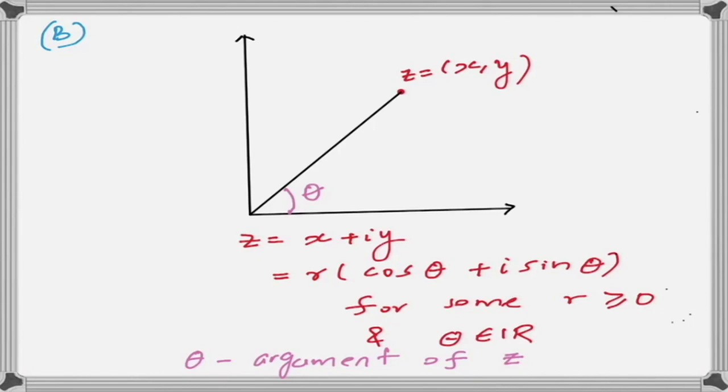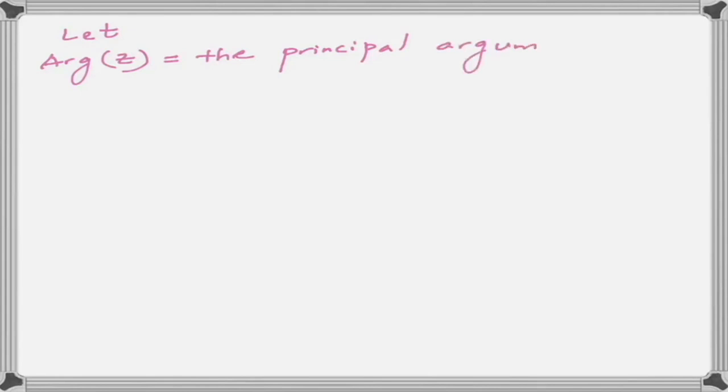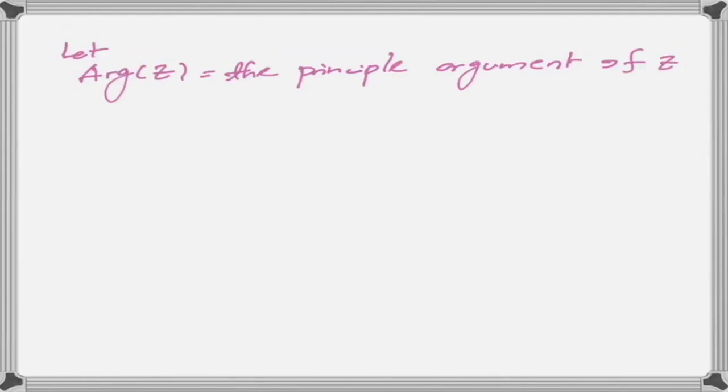To make it unique, we define what is known as the principal argument of the complex number. Let us denote by capital Arg z the principal argument of z. What is this?